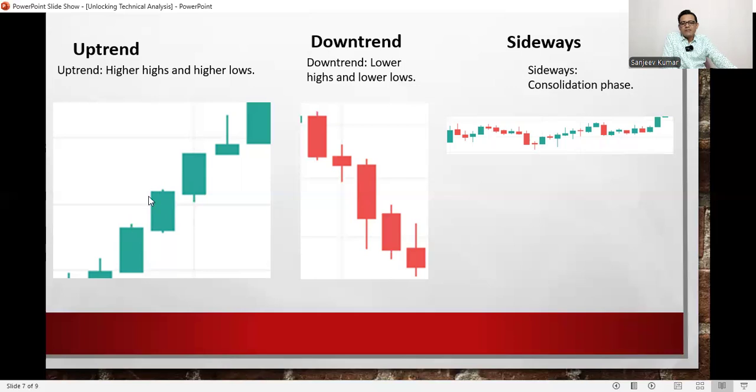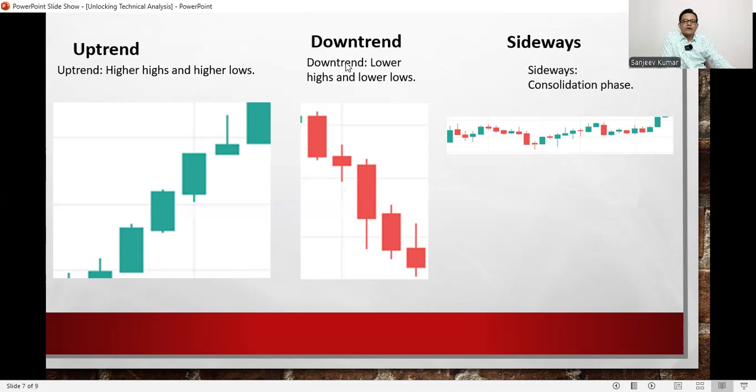So higher high and higher low. This is the low of this candle and this is the low of the next candle, so higher low. The same pattern is here, higher high again and higher low again. This kind of situation is called uptrend. It means the share price is in an uptrend direction.